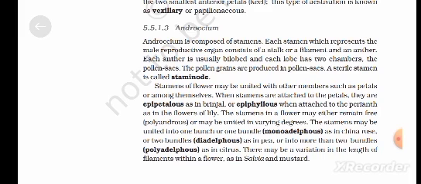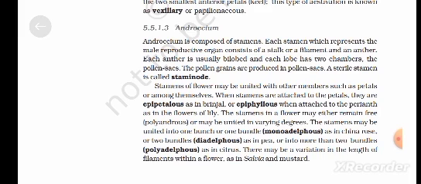Stamens of a flower may be united with other members such as petals, or among themselves. When the stamens are attached to the petals, they are epipetalous, as in brinjal; they are epiphyllous when attached to the perianth, as in the flower of lily.